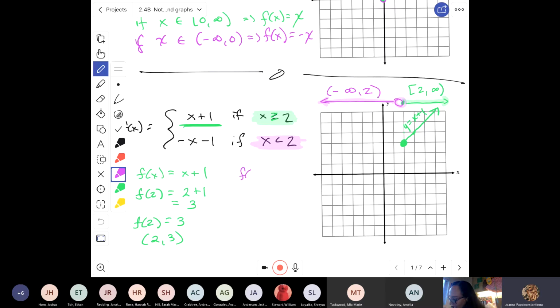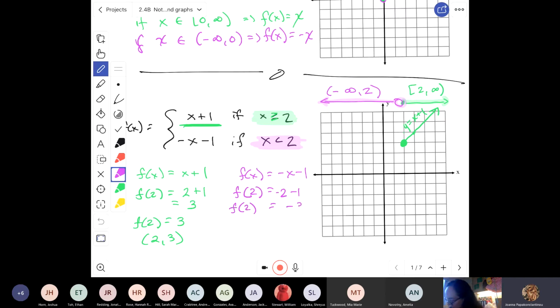Okay, so when I have an input value that is less than 2, I'm going to use this rule. So we can do the same thing that we did before and say, okay, well, what would it be if I were at x equal 2? We know it's not included, but if I were to put in 2, what would I get for my output?